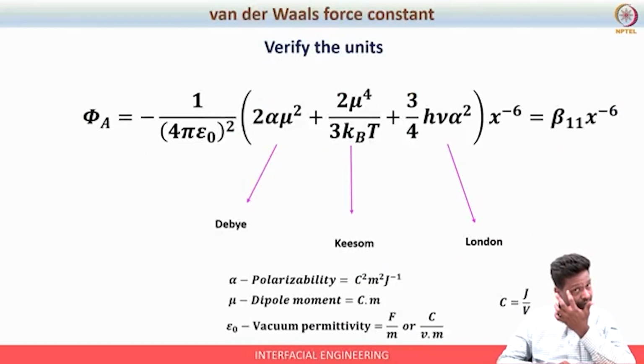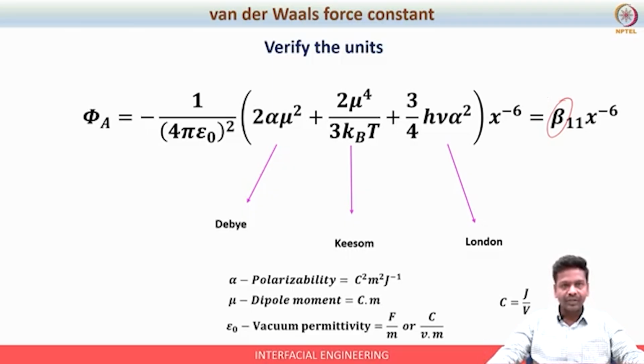As we described, before we begin, let us first understand the van der Waals force constant, from where we left. It is very important that you know that beta, which is the van der Waals force constant, carries a unit with it.